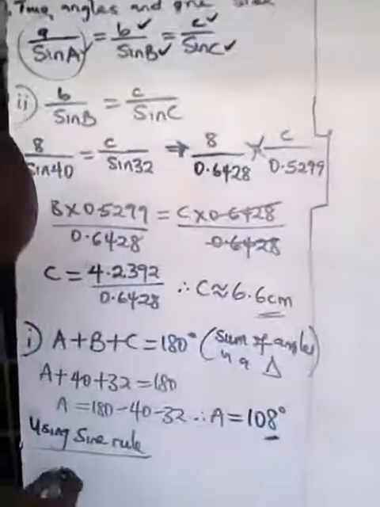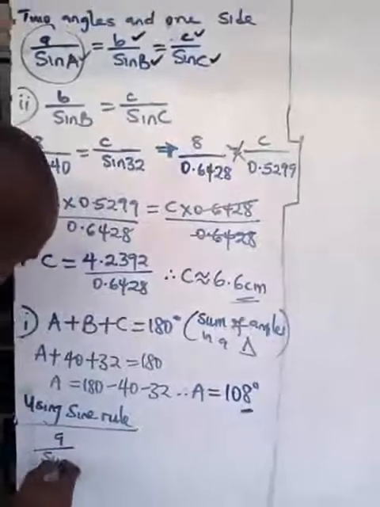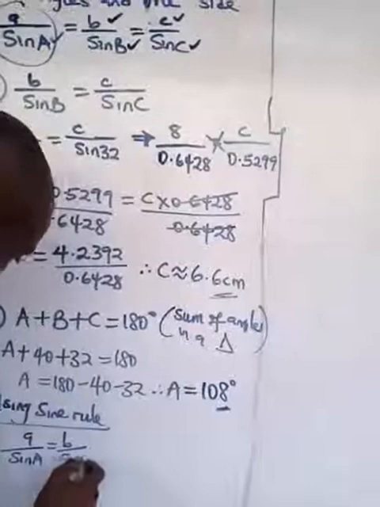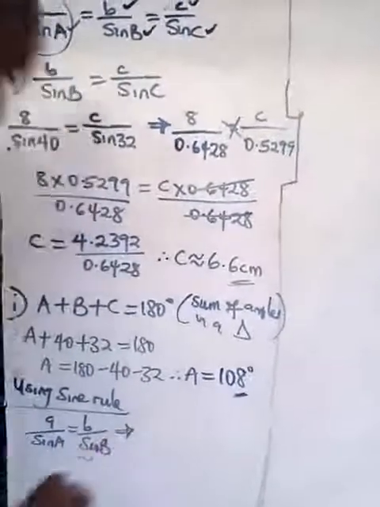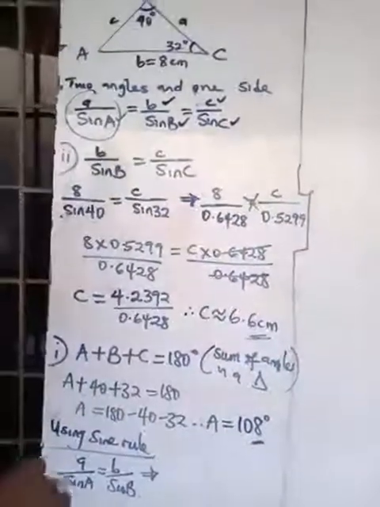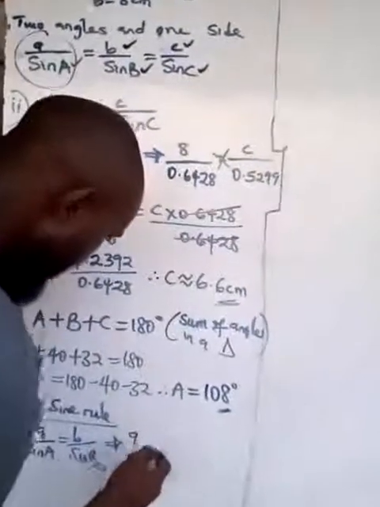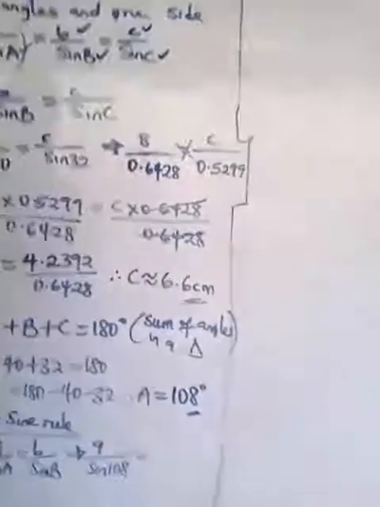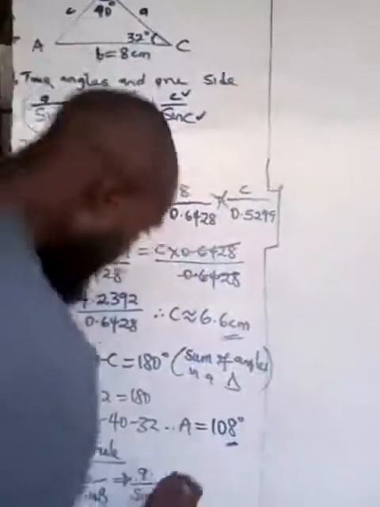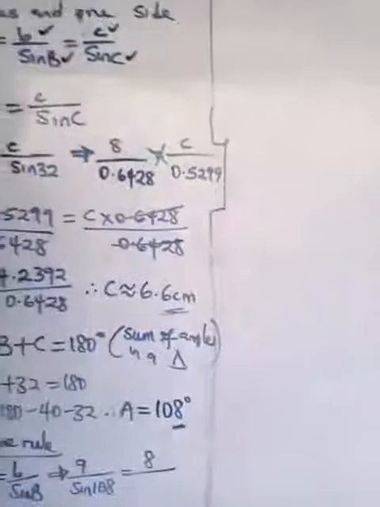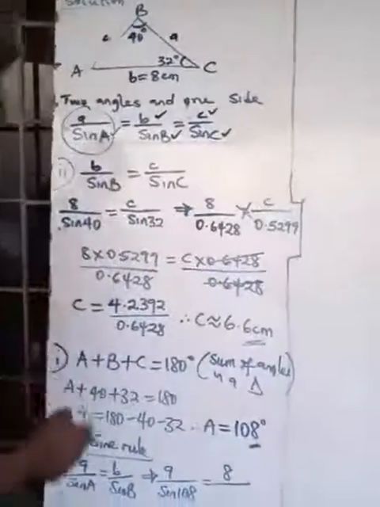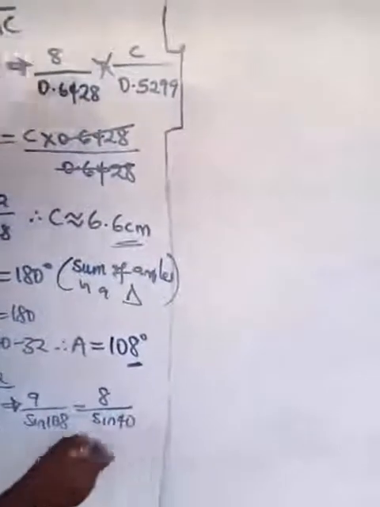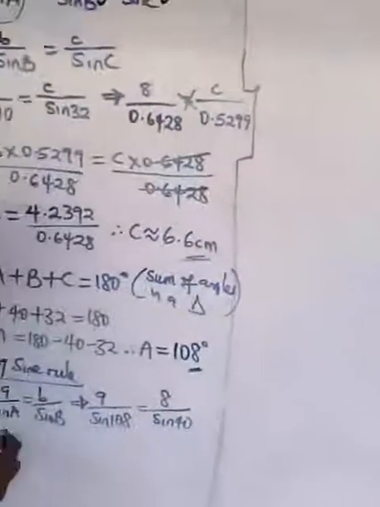Using sine rule, we can say a over sine A is equals to b over sine B. So side a that we are looking for over sine 108 is equals to side b, that's 8, over sine 40.